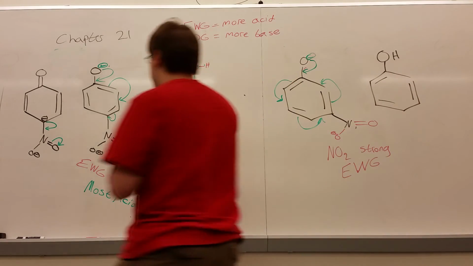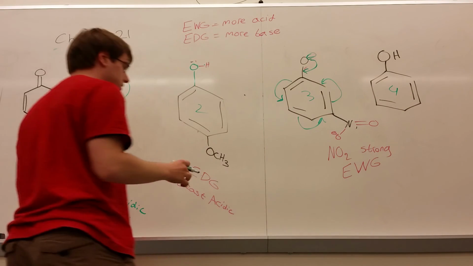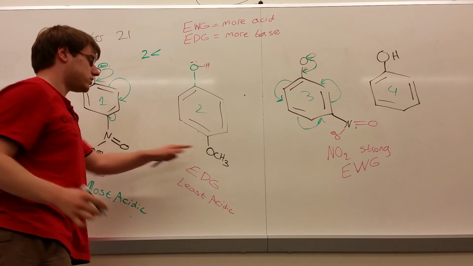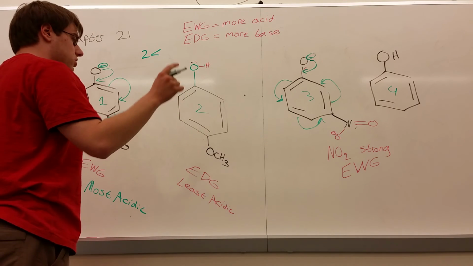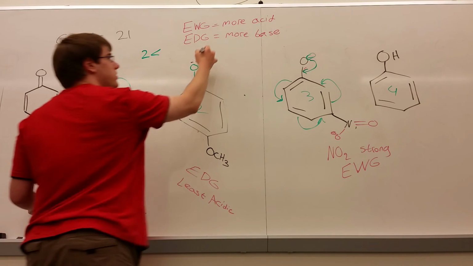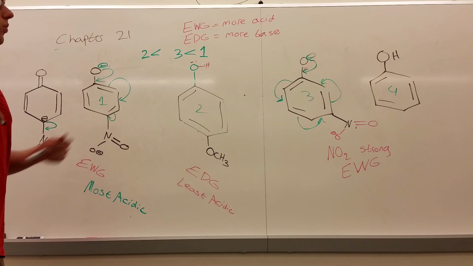So if I number this structure 1, 2, 3, and 4, we can definitely agree that 2 is the least acidic because it has a donating group. And between 3 and 1, 1 is definitely more acidic than 3. But now, where does 4 go?